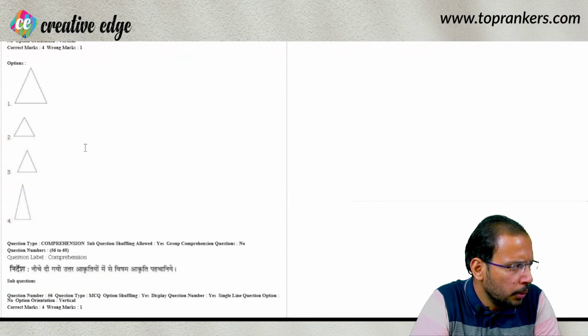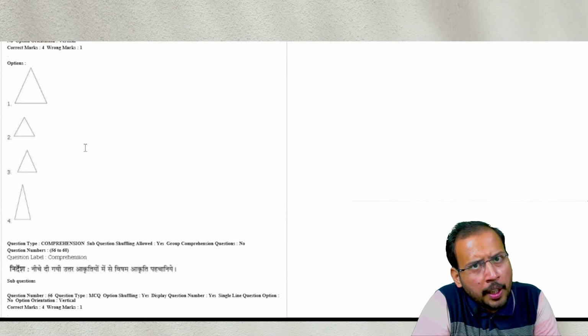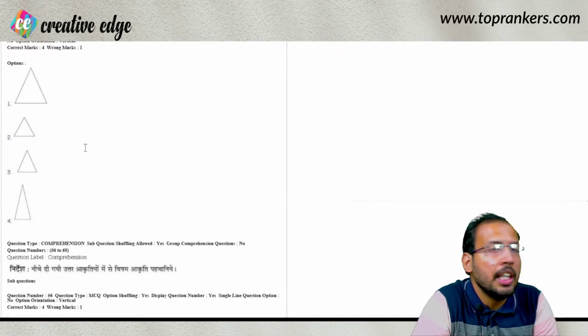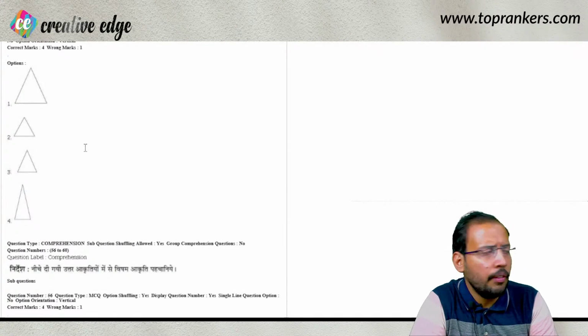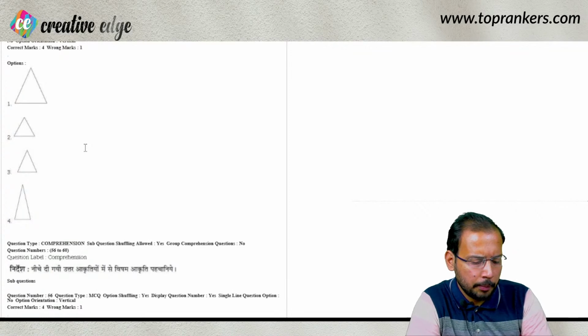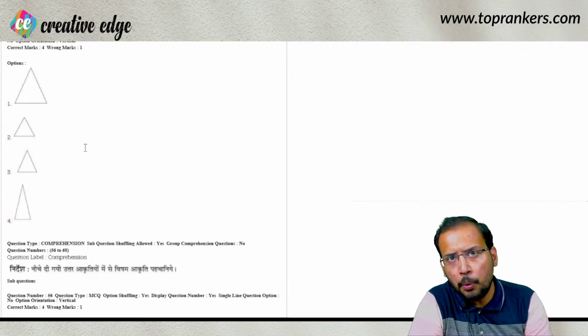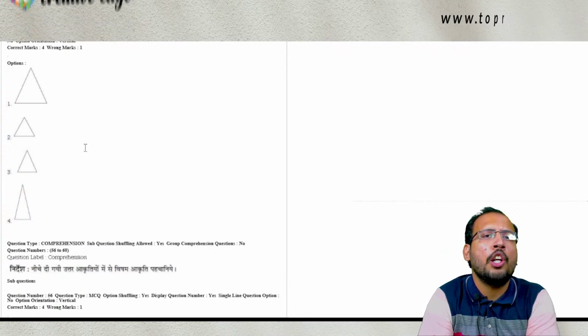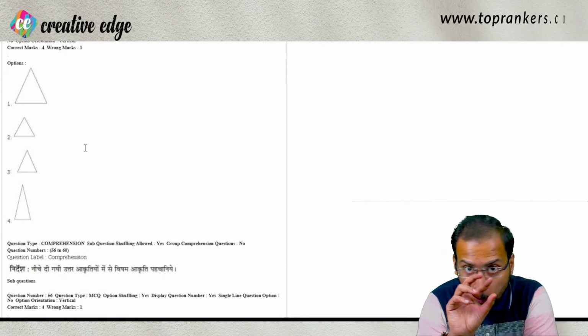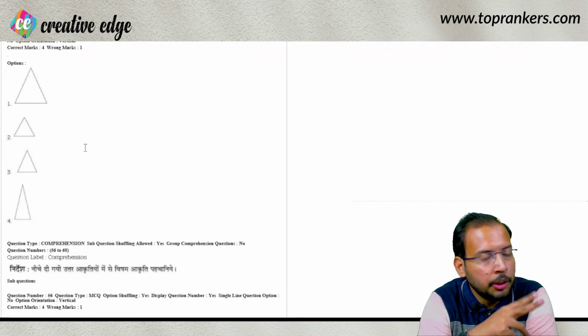Why am I saying so? Because 1, 2 and 3 look very similar. They look equilateral. But think for a while. When I say think for a while, I mean what you can do to differentiate the odd triangles from this: try to rotate these triangles.